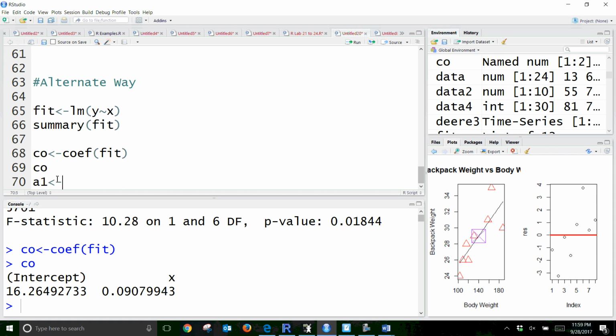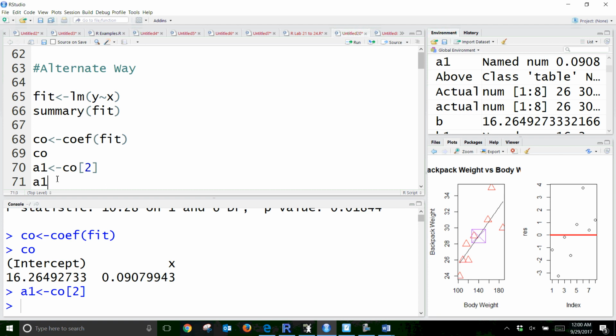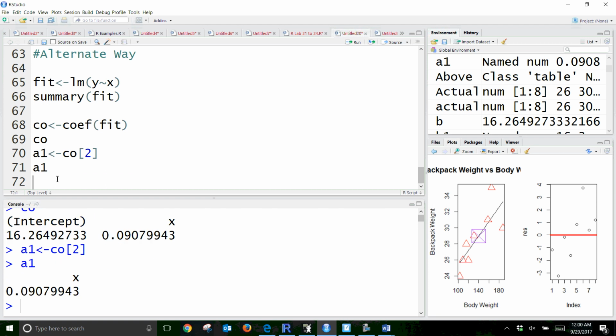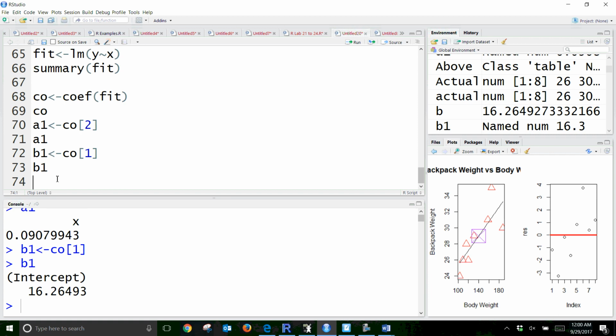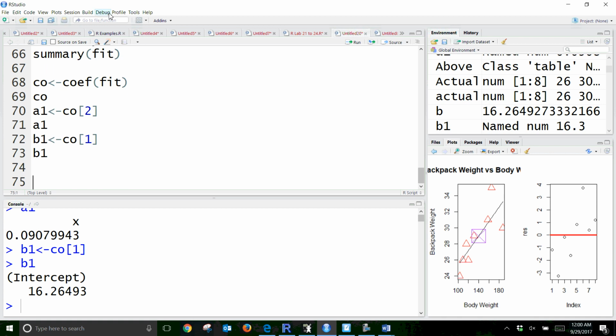I could say this is co[2]. Okay, so now we've picked off the slope. I could say B1 is co[1]. And now we've picked off the intercept, so we can access that. All right, a little sidebar. Now, back to what I was getting.